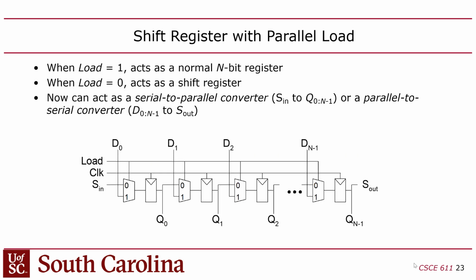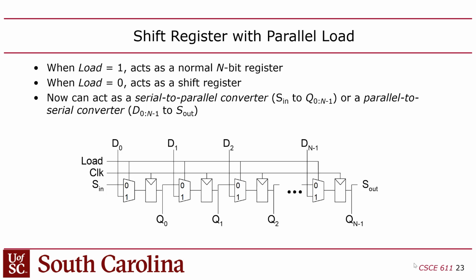Okay, then you can have another shift register. Now this one looks a little bit more complicated, but it's the same idea. Each of these flip-flops is connected, in this case, from left to right, serially. The difference, though, is that we want to add the ability to load the shift register in parallel. So this gives you 2 operating modes.